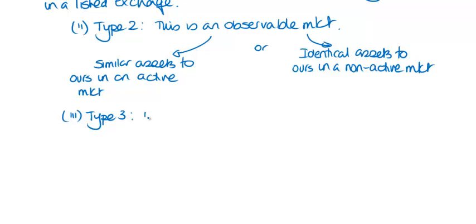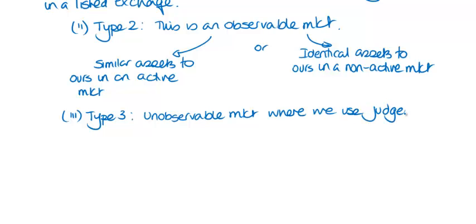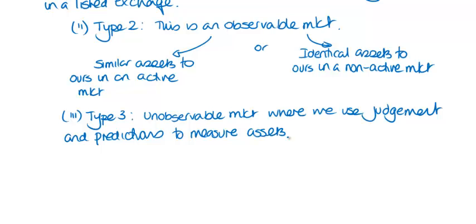Type 3 is an unobservable market where we use judgment and predictions to measure our assets.